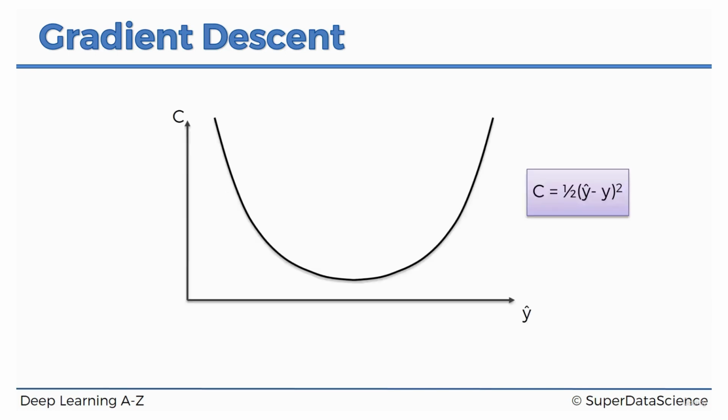So there's our cost function, and now we're going to see how we can come up with a faster way to find the best option. Let's say we start somewhere. You've got to start somewhere. So we start over there, at the top left, and what we're going to do is look at the angle of our cost function at that point.